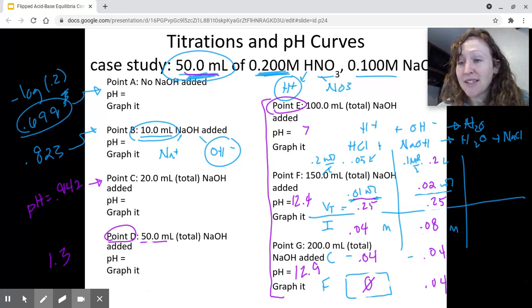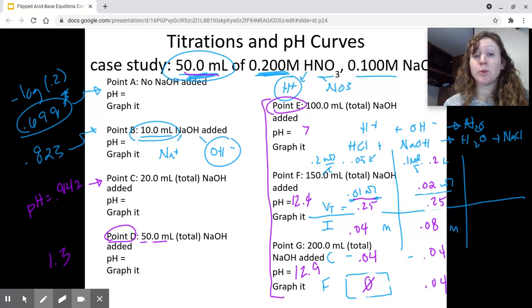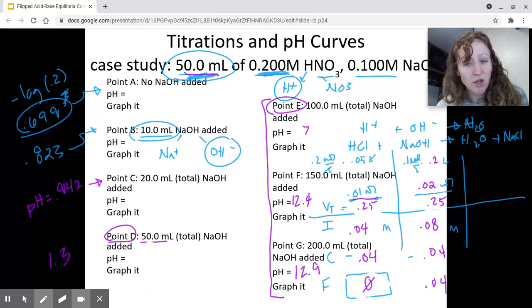Okay, so lots to think of off of this page. Hopefully you're comfortable with that math. You're comfortable recalculating new molarities. You're comfortable figuring out which one's going to run out first. You understand that the change is always going to go to the death of one, right? It's going to push to completion because we're dealing with a strong acid and strong base neutralizing each other, where one of them's left over.